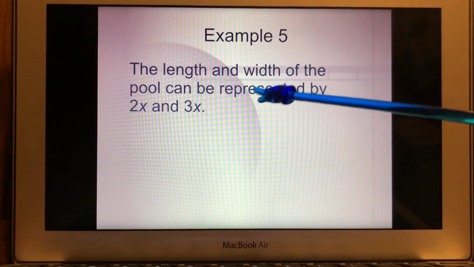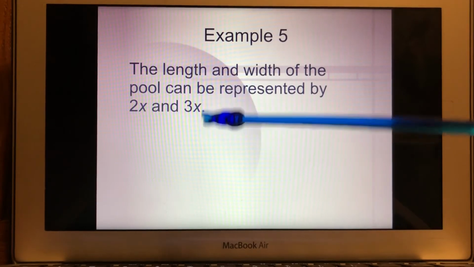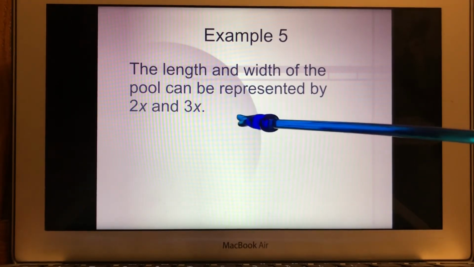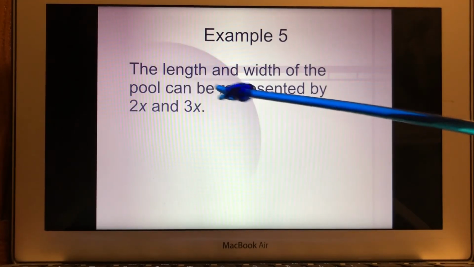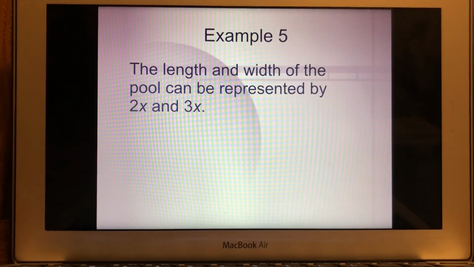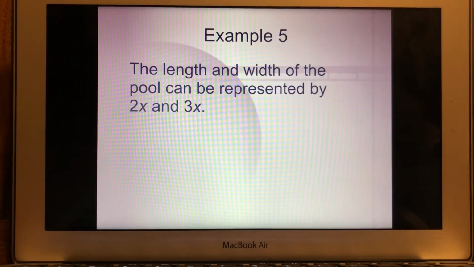Now let's take, for example, a word problem, where we have to figure out the binomials based on the problem. It says the length and width of the swimming pool can be represented by 2x and 3x. The length would be 2x and the width 3x.